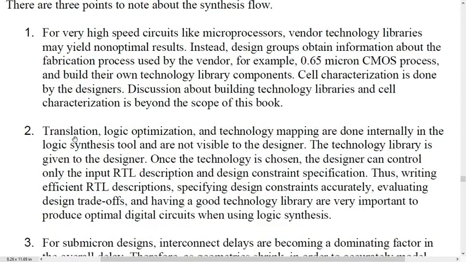Then the translation, the logical optimization, and the technology mapping are done internally in the logic synthesis tools and are not visible to the designer. I can't see them, but these are the things which are applied and yield the results.